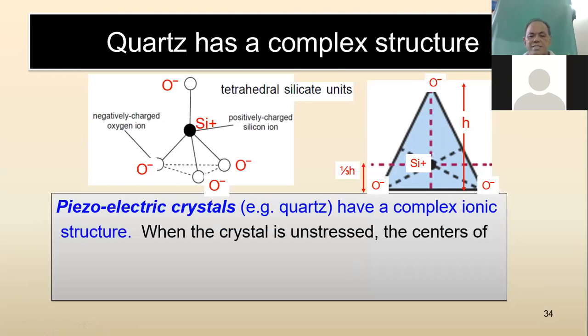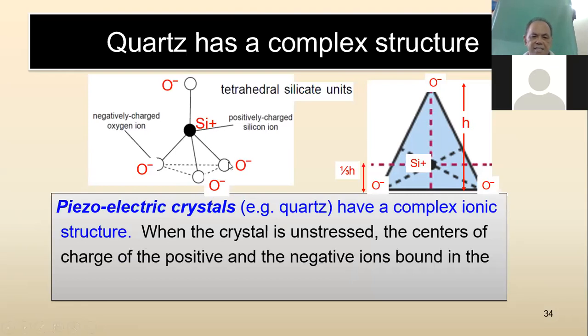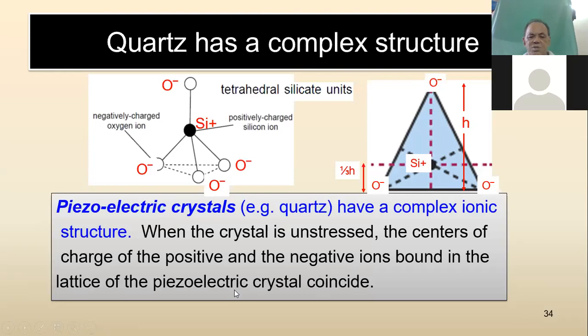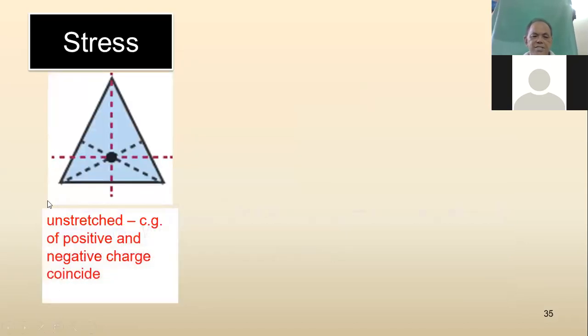So if you unstress it, basically the centers of this negative charge and this positive charge coincide. So there is neutrality, no potential difference across the crystal. Unstretched, the center of gravity of positive and negative charge coincide, so neutral, no potential across the crystal.